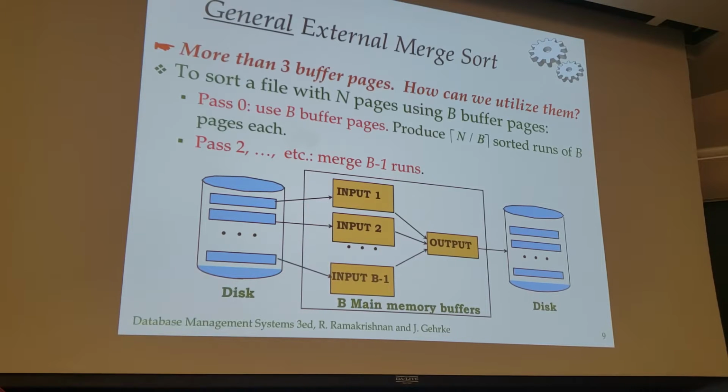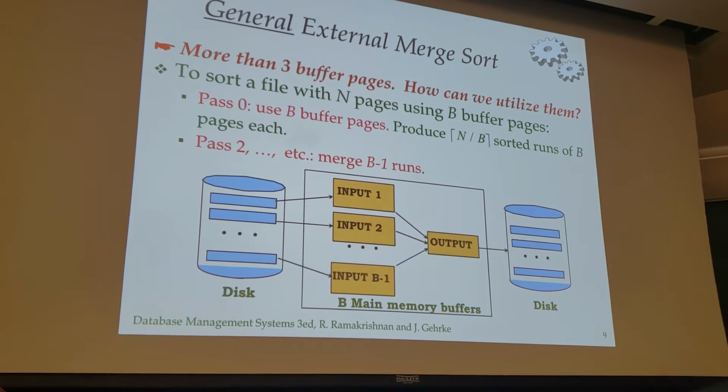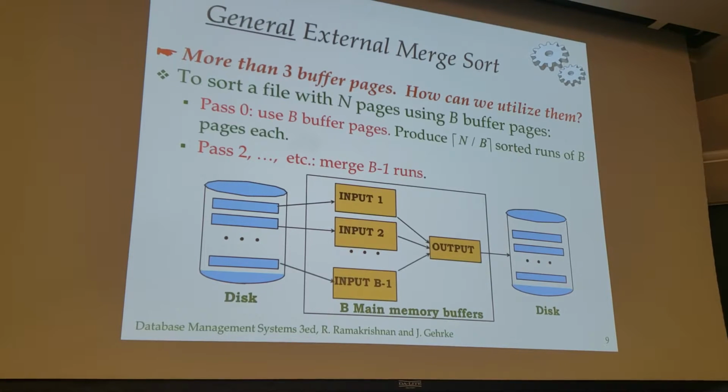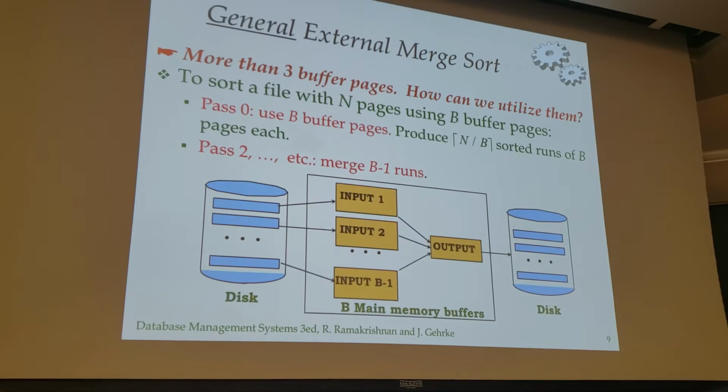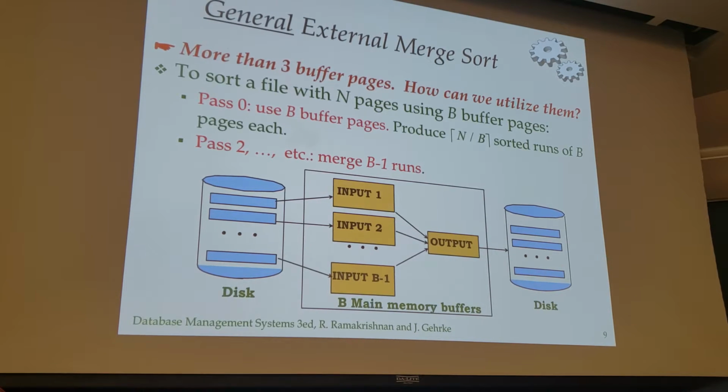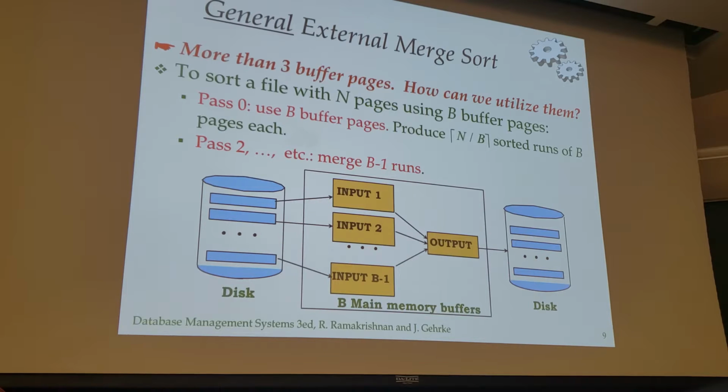And it has to be the ceiling of n divided by B, because you need to be able to produce a result even if something's incomplete. So whatever B is, we sort B pages at a time, n divided by B, take the ceiling. Each sorted run has B pages in it. As we read in B pages, we wrote out B pages. And there are n divided by B sorted runs.